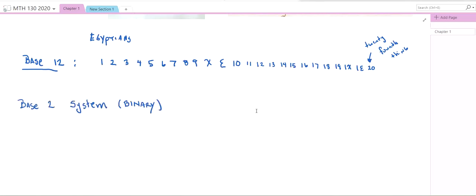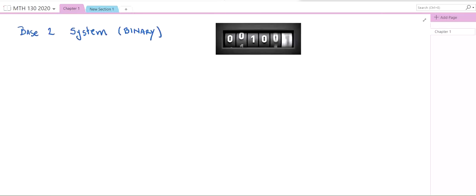So a base 2 system we might call binary, and the binary odometer might look something like this. In this case, each of the dials only has two numbers on it, a 1 or a 0. So if we were going to count in binary, we might do something like this. I have set this up here. It would start again at 0, and we'd have 0 things.